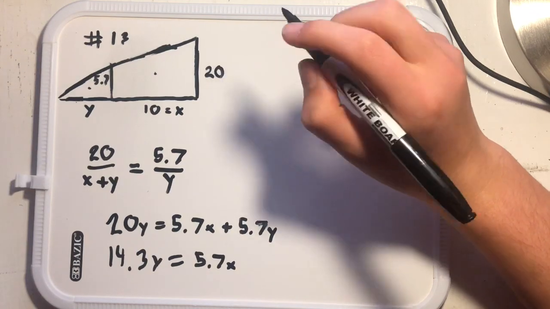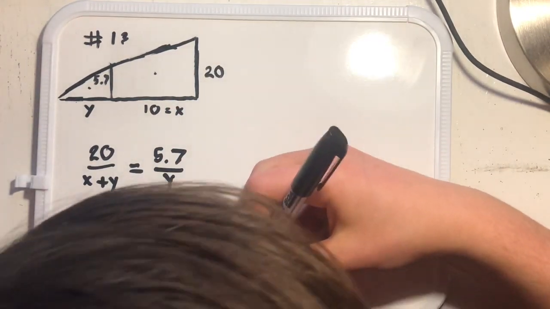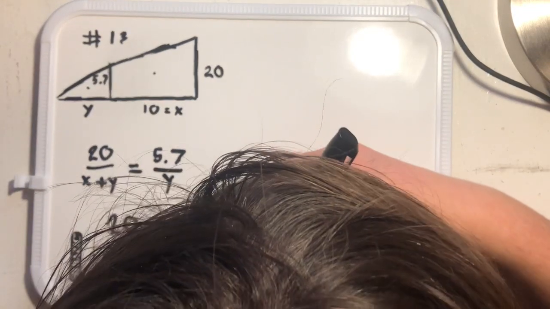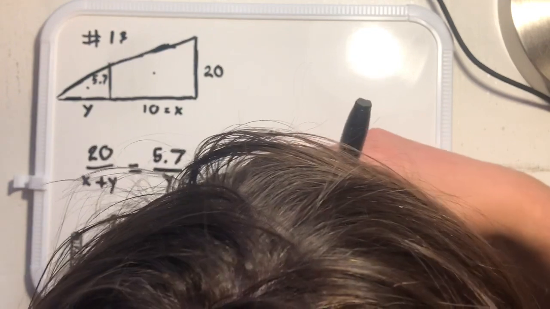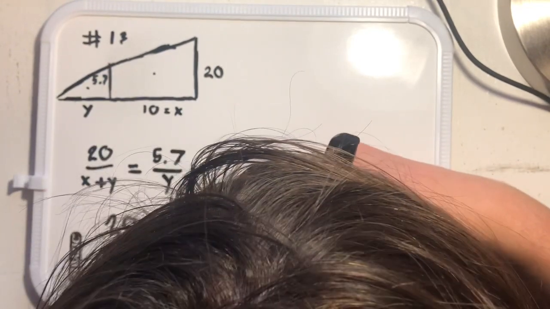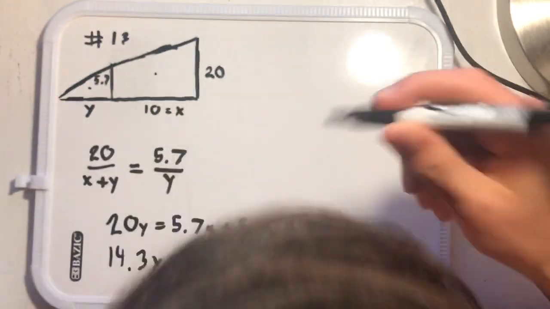Next, we are going to divide this over. y equals 5.7 over 14.3 x.